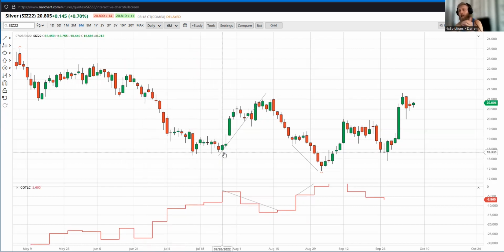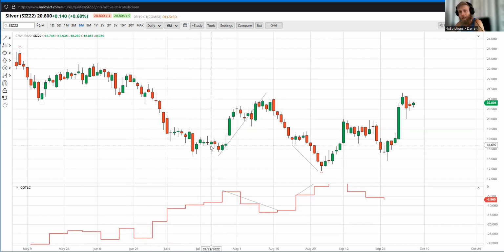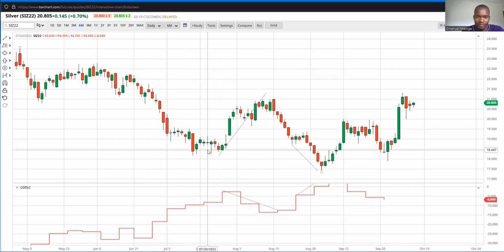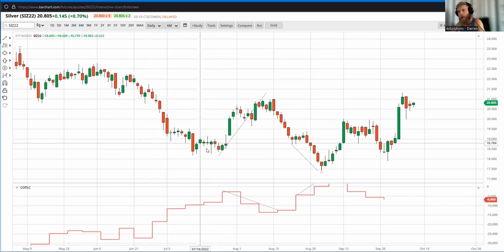So in this case we really just have to be patient, because we would have to wait for a weekly or daily or monthly something to be able to buy this, because we don't have the funds available to sit through all of this drawdown.